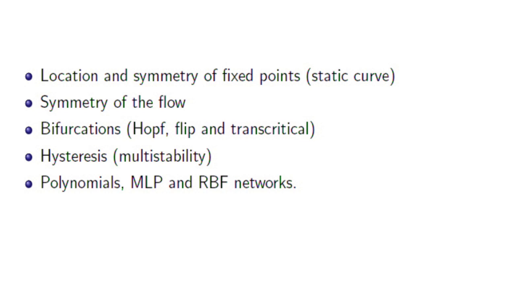Symmetry of the flow. So we can say, I want the resulting flow to be symmetrical. Now, for instance, if your system is known to have a pitchfork bifurcation, then there must be symmetry. And symmetry is something which is not structurally stable. Any small parameter variations will destroy symmetry. So unless you impose symmetry, your symmetry is gone.